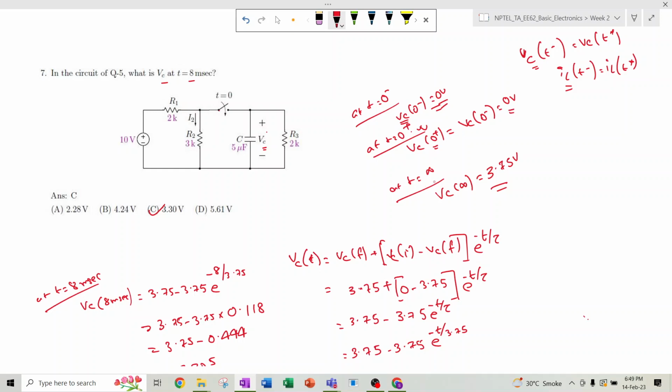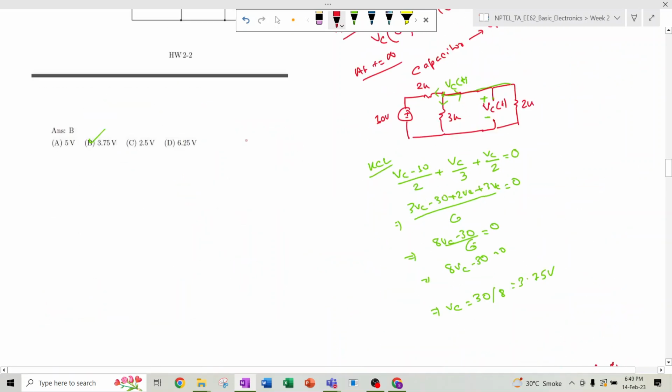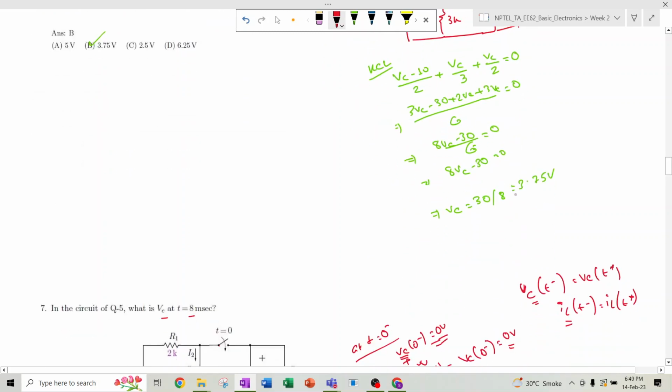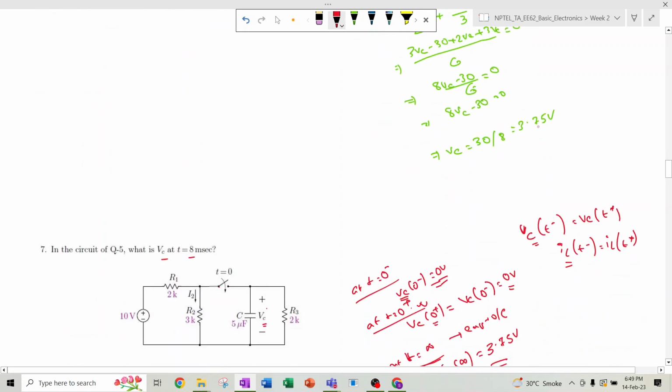And at time t equal to infinity, the capacitor acts as an open circuit. When the capacitor acts as an open circuit, in the earlier question we solved and found the voltage across the capacitor is 3.75.